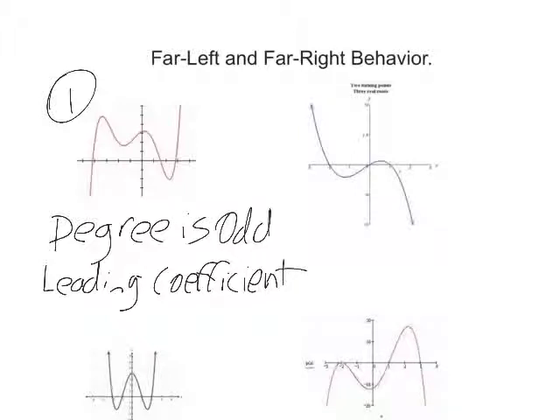That's actually the only thing you need, that one term from your polynomial, and it will tell you everything you need to know about your end behavior. So if the degree is odd, the ends go in opposite directions, and the leading coefficient is positive, so we get the right end going up and the left end going down.